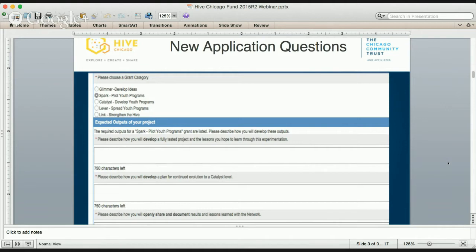But there are many strategies for sharing, including attending meetups, hosting deep Hive dives, going to conferences, creating working groups, participating in moonshot groups. We can think of many examples, and in fact, Hive network staff are a great resource to tap into some of those channels, since we're operating the website and coordinating some of those meetups. So think of us as a channel for distribution.